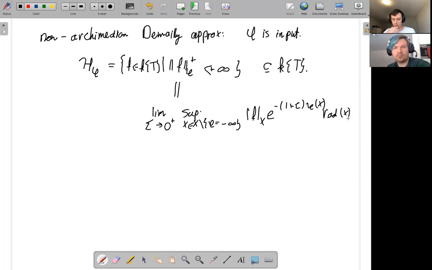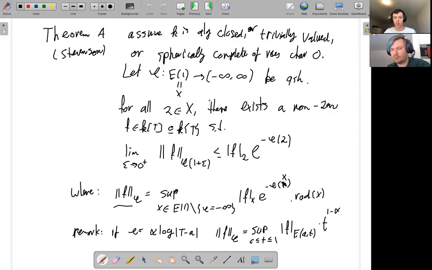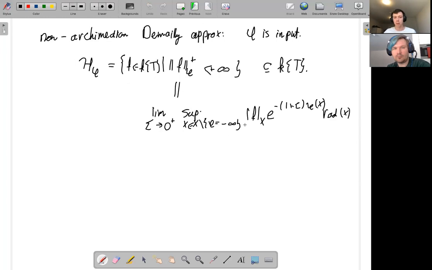Okay. So here we see that we have sort of this expression that we had on the previous page too. And so we just restrict to all points where this is a finite number.